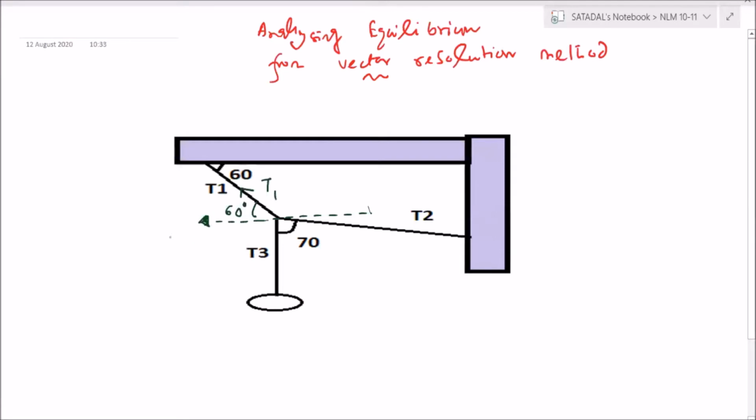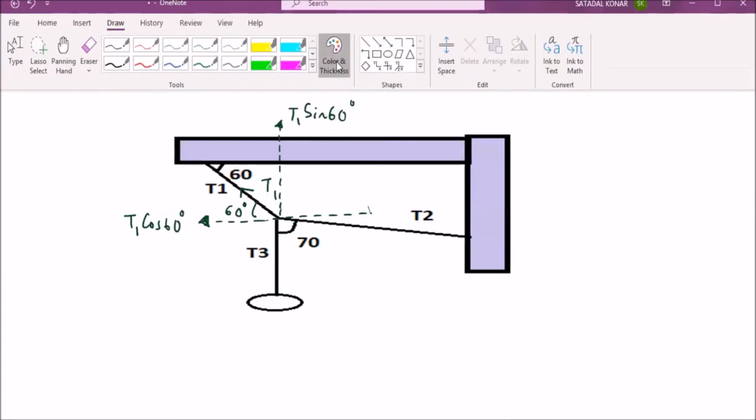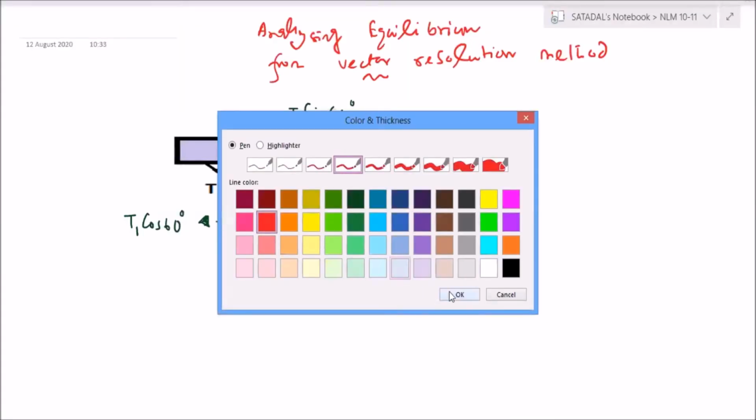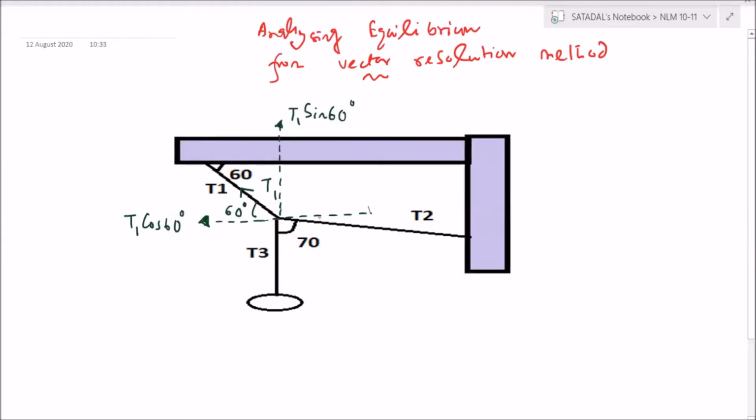So for this T1, what is the horizontal component of force? It is going to be T1 cos 60 degree. All right? Clear? What is going to be the vertical component of the force? It is going to be T1 sin 60 degree. Okay, right? What about this one? See, this angle will become 20 degree.